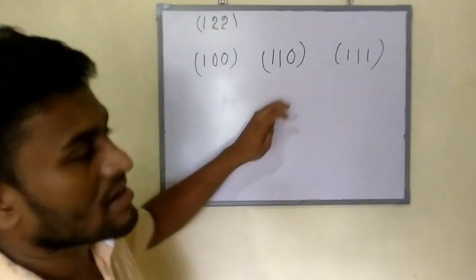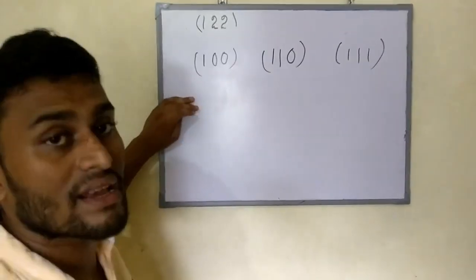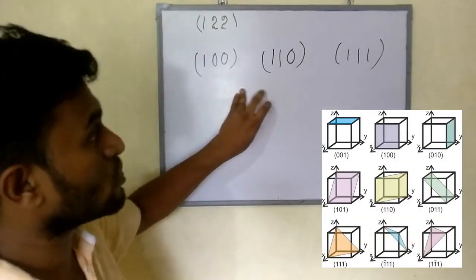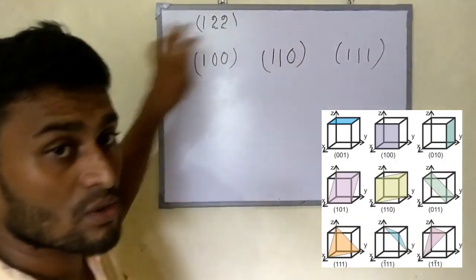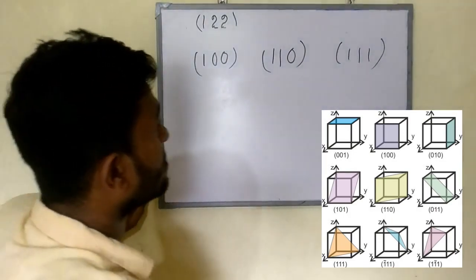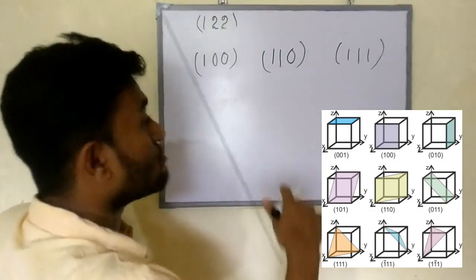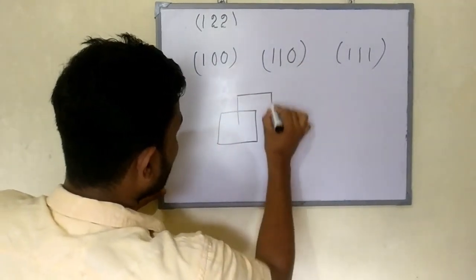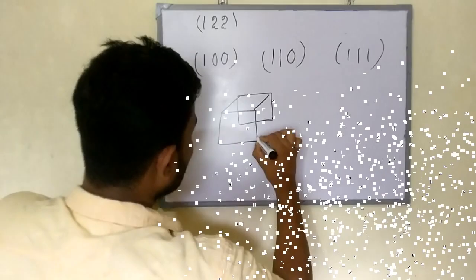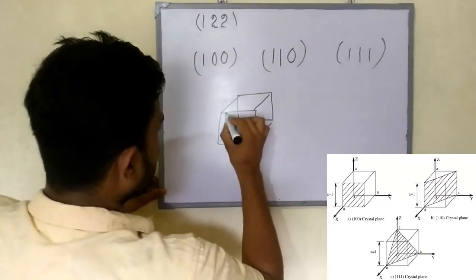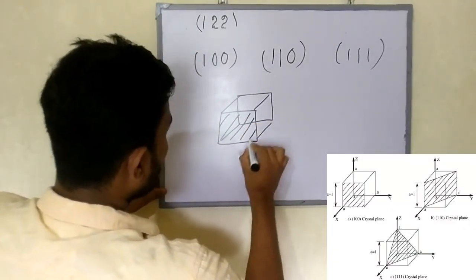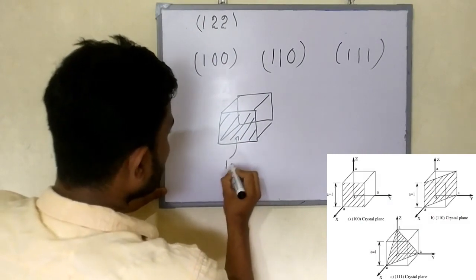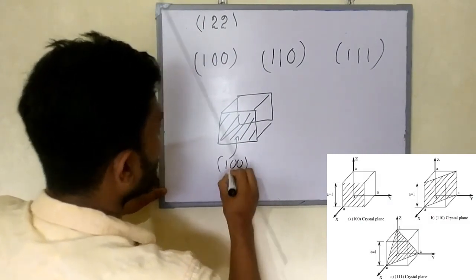These are most frequently given in the exam, so you need to memorize and study these planes very well. So if the cubic crystal is like this, this will be your 1, 0, 0 plane.